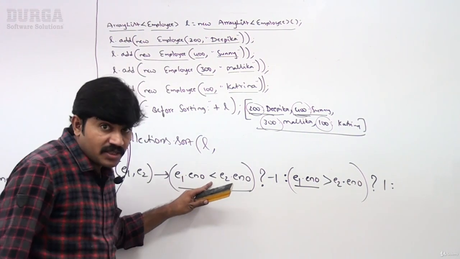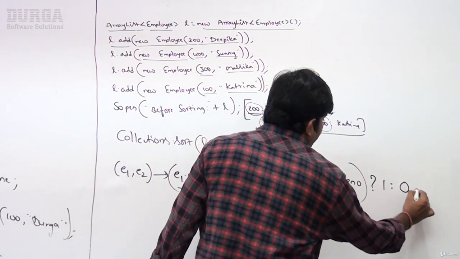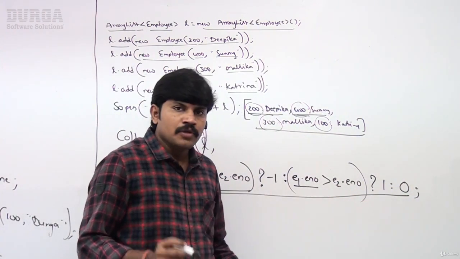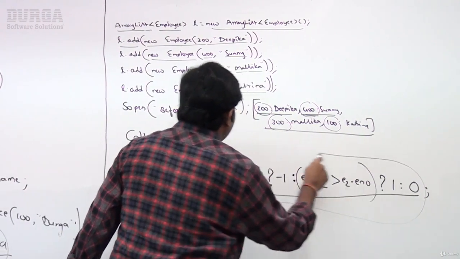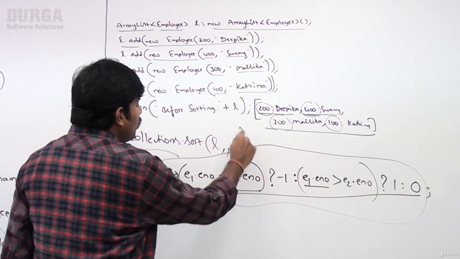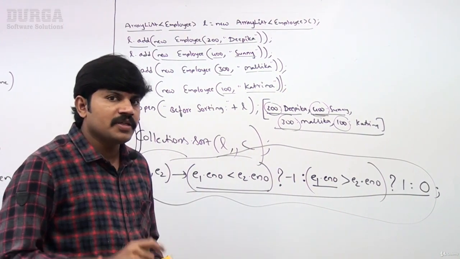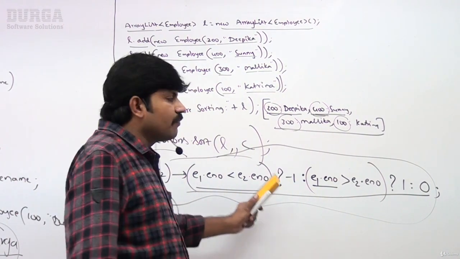If this condition is not satisfied and that condition is also not satisfied, then automatically 0, both are equal. If you pass this lambda expression as an argument to this sort method, automatically all employees will be sorted according to ascending order of employee numbers.